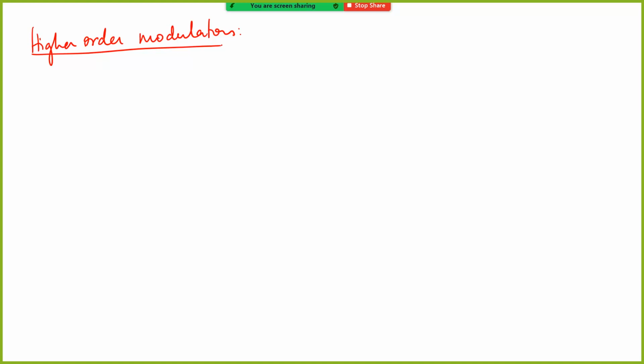All right. So let's think about it as in a higher order modulator, right? Let's say this is your quantizer, okay? Being consistent with last class notation, we said that the input to the quantizer is y, and the output of the quantizer is v.